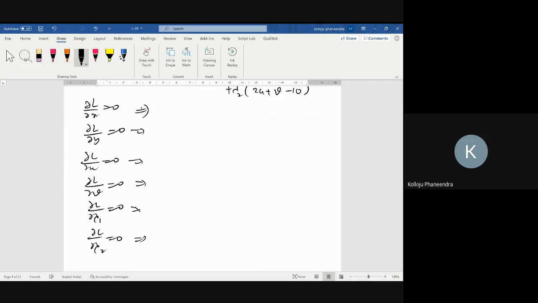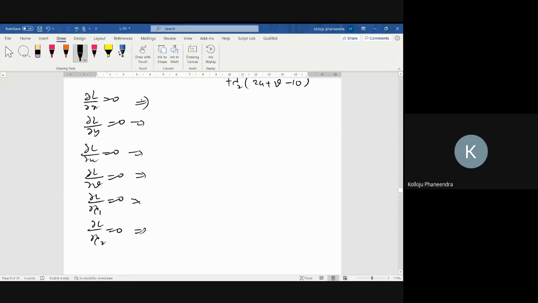Get the points x comma y and u comma v. Okay, that's it. Find the distance between the two points, whichever is minimum, that is the answer. This is completely the Lagrange's multipliers method. With this, the third unit is finished.